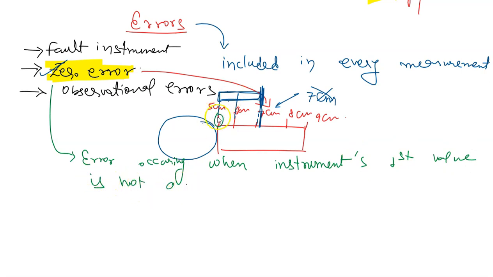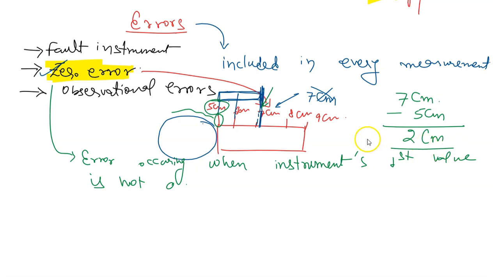Here you can see the first value to be read is 5, so I can say there is some zero error here. So what this instrument has recorded is 7 centimeter, but what you should do is subtract the first marking here. Okay, so observe, you subtracted and you brought the correct result.